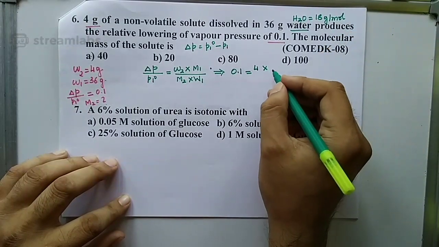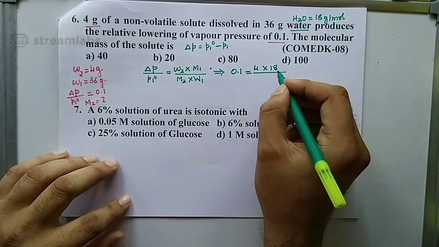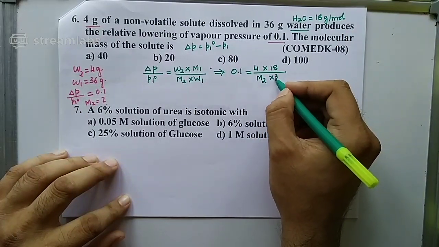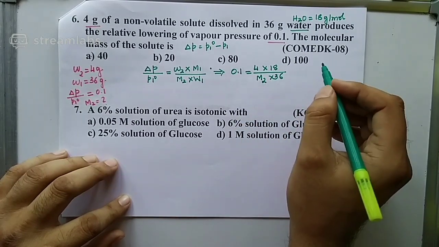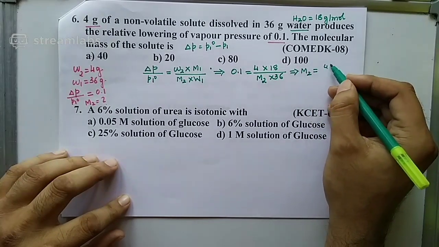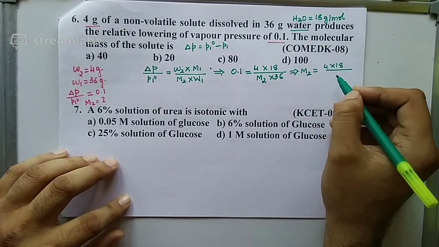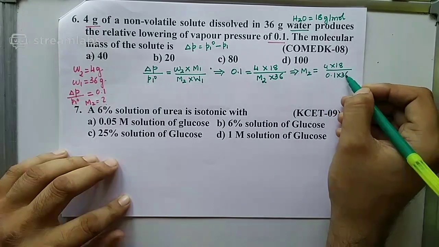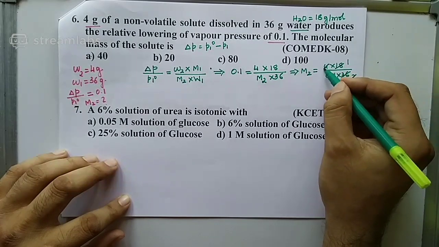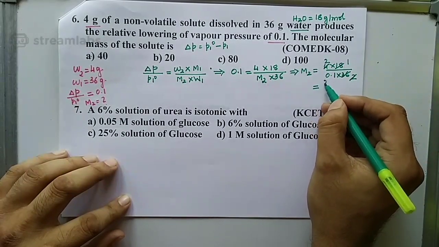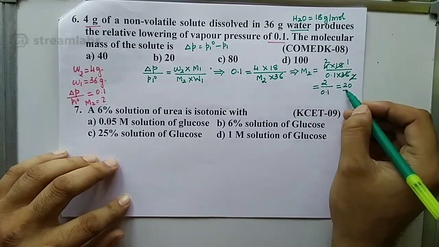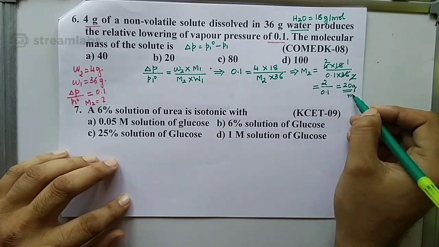So I substitute 18 divided by M2, which has to be calculated, multiplied by W1, given in the problem as 36. So M2 will be equal to 4 into 18 divided by 0.1 into 36. 18 cancels with 36, leaving 2 in the denominator, so ultimately we get 2 divided by 0.1, which is equal to 20 gram per mole.